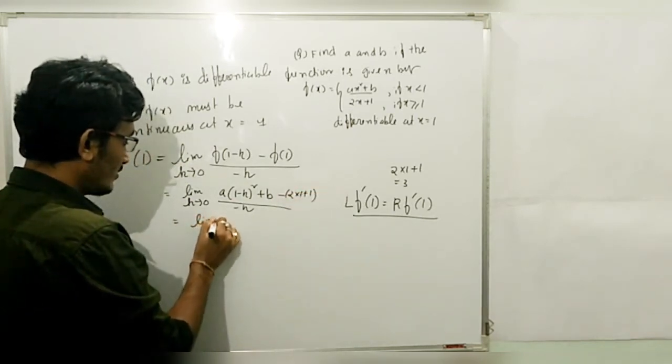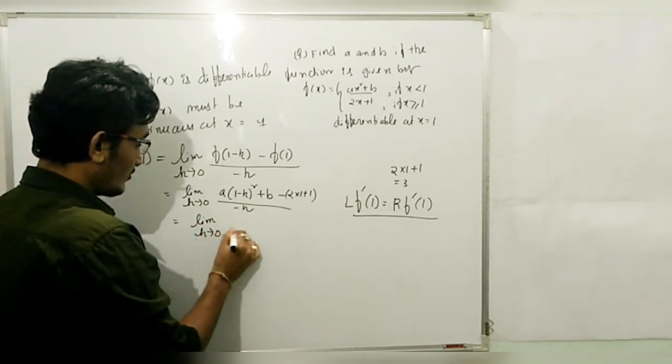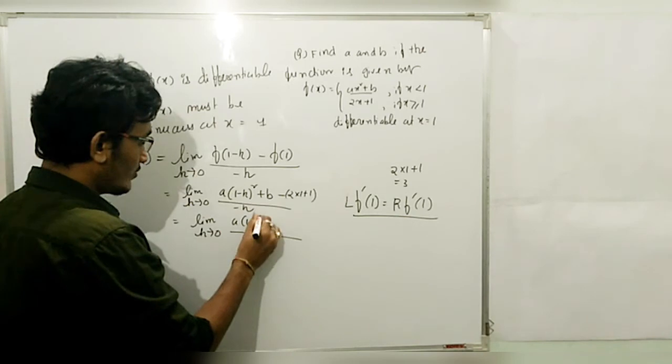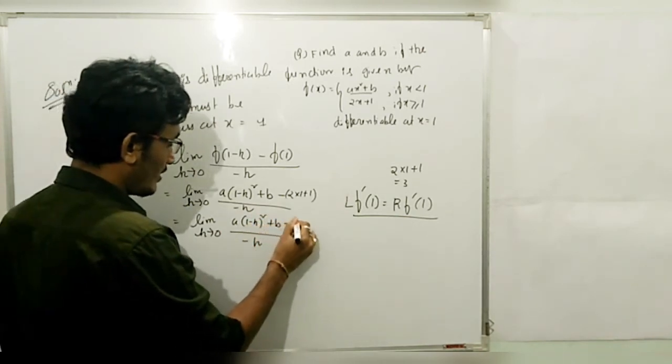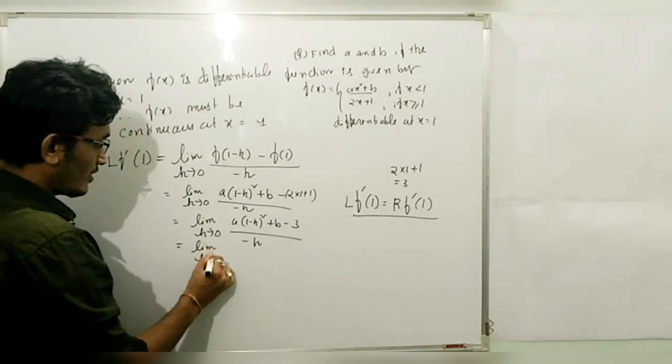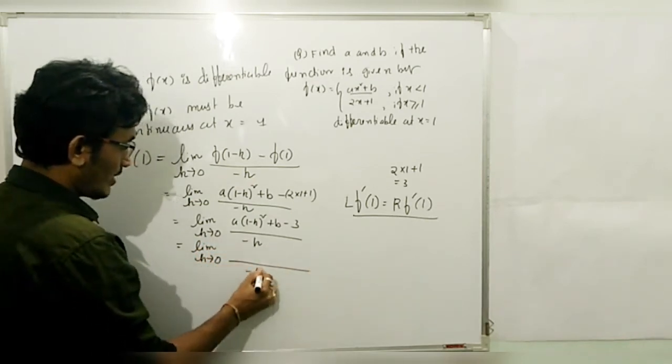So limit h tends to 0 minus h, a(1 minus h) whole square plus b minus 3. Limit h tends to 0 minus h.